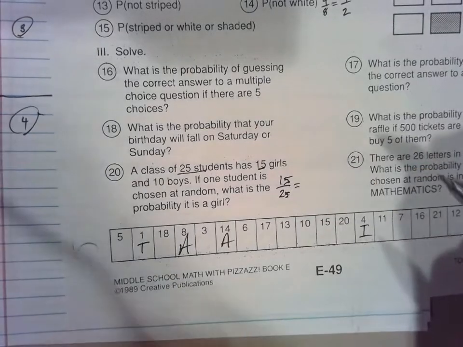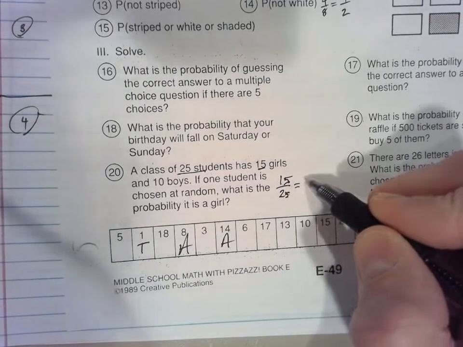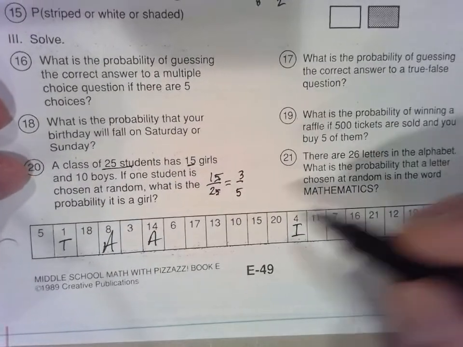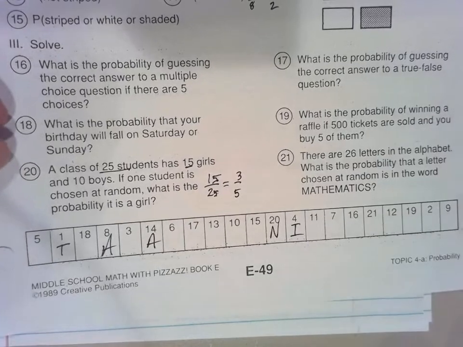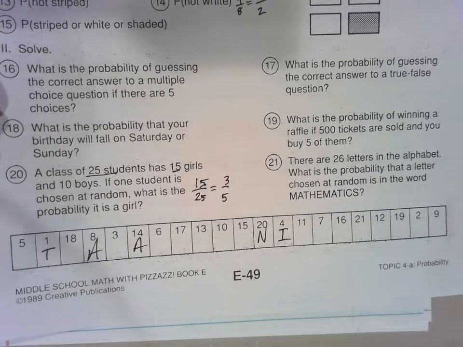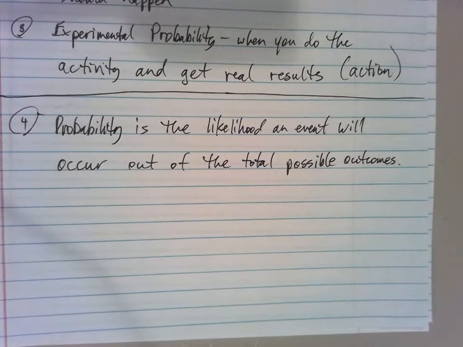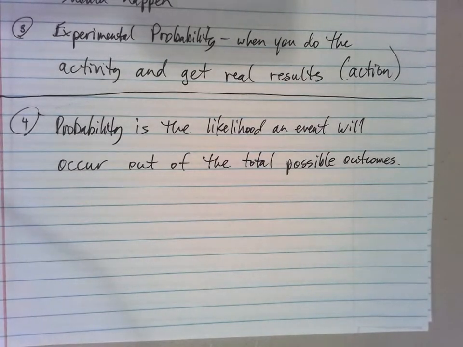They're both divisible by 5, and that takes you down to 3/5. Let's see what goes up there with 3/5. 3/5 is the letter N. So for number 20, I'd put in letter N right there. This page is not going to be too hard, just some simple probability. Remember, again, it's the likelihood the event will occur out of total possible outcomes. So there's that one.